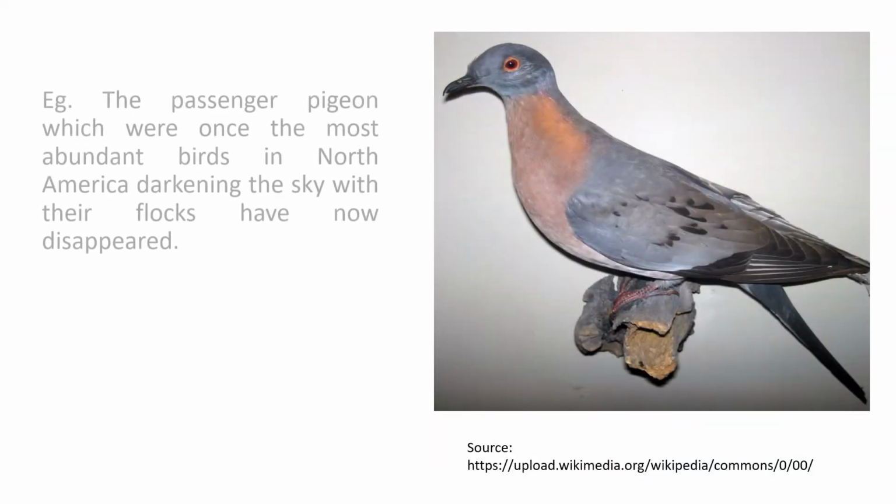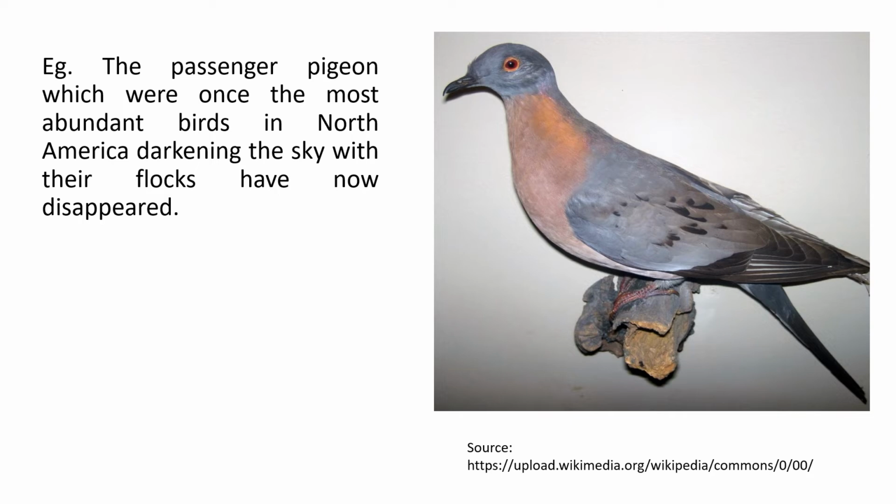For example, this is the picture of a passenger pigeon, which was once the most abundant bird in North America, and their flocks darkened the sky when they flew. But these passenger birds have now disappeared.